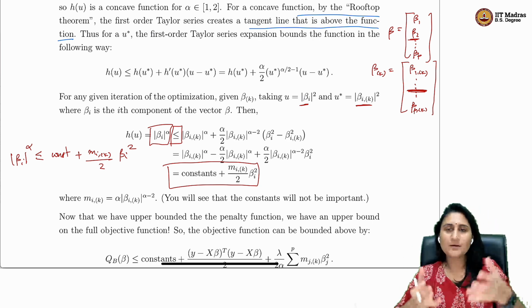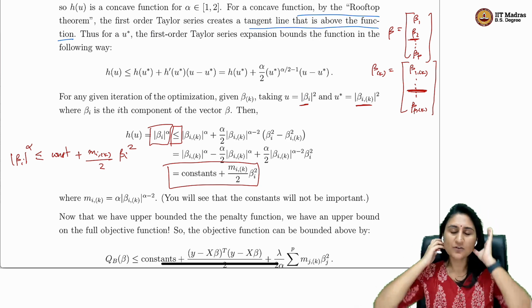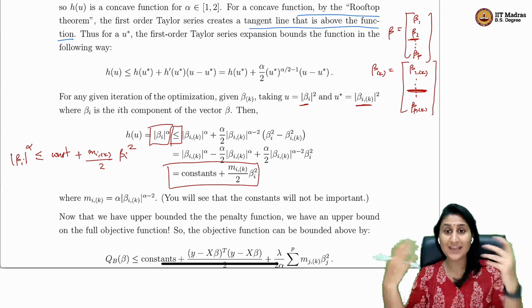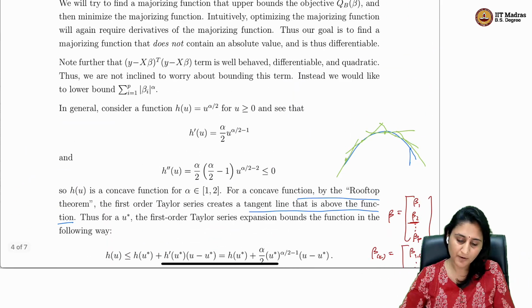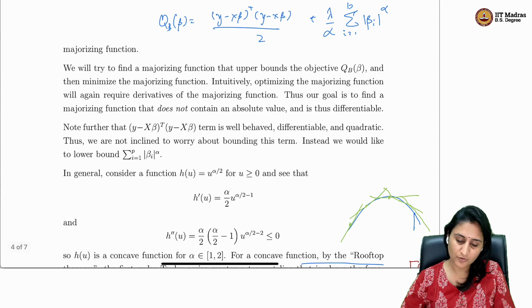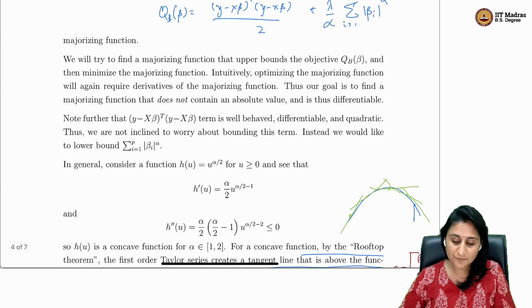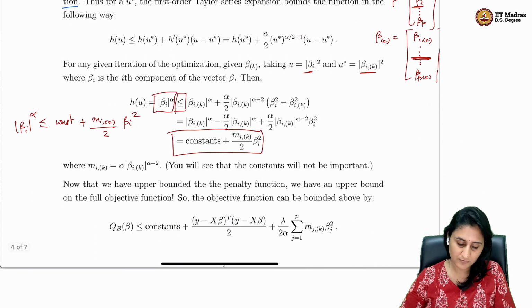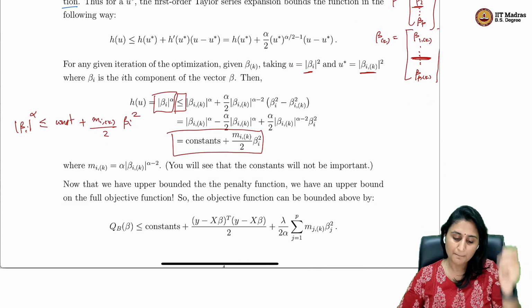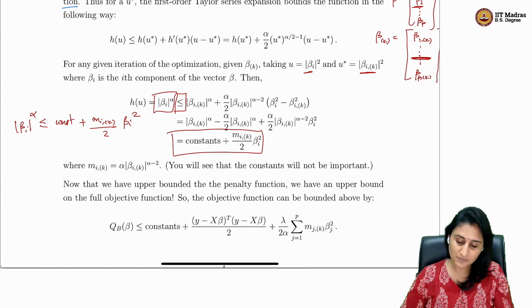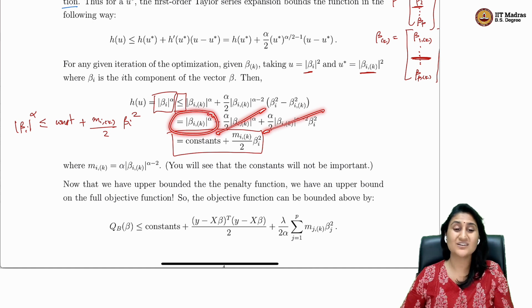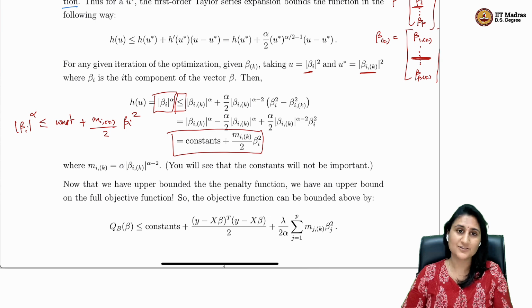And this is the upper bound that we have gotten based on this rooftop theorem and this whole h construction for the part which was not differentiable. Because I've gotten that upper bound, and if I plug in beta i k in this equation, I get this cancel with this, and I only get back this. So in fact, it is a minorizing function, or majorizing function in this case.